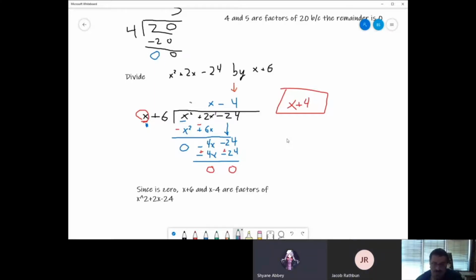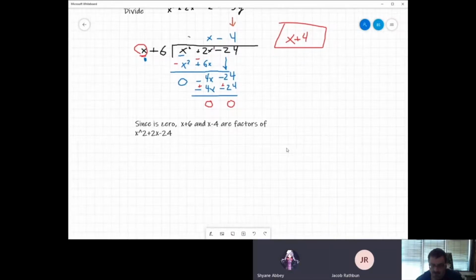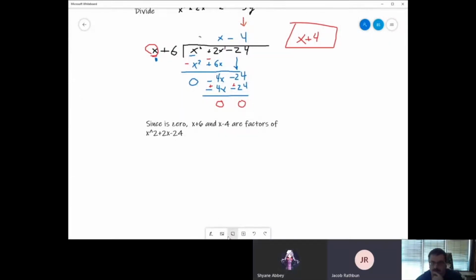The other thing to keep track of is if you're missing anybody, you have to throw in 0. So if you are missing x, you would have to throw in 0x. Let's do a little more complicated one.